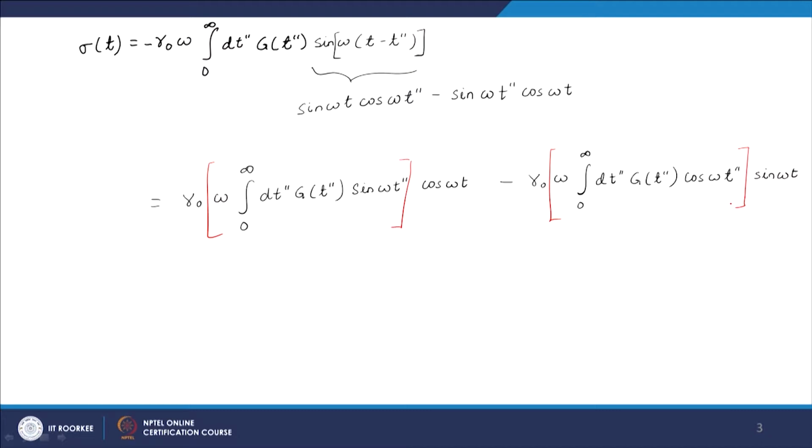So, essentially I can write this as some g prime of omega, and this entire thing I can write as some g double prime of omega, where g prime and g double prime are new functions of omega, they are not the derivatives of g.